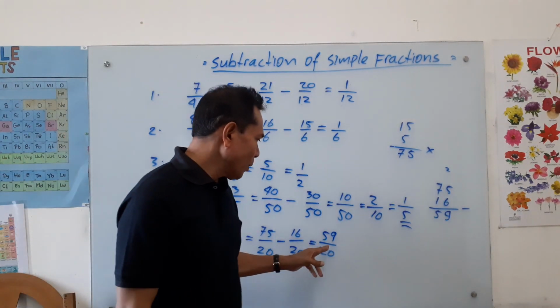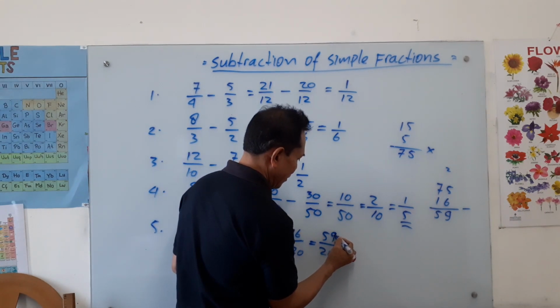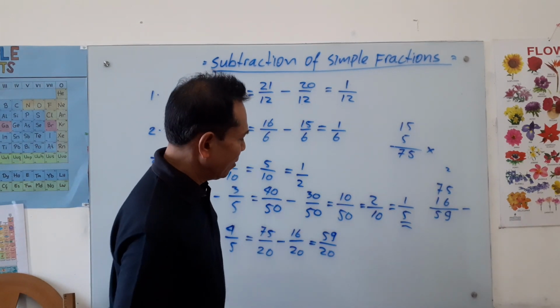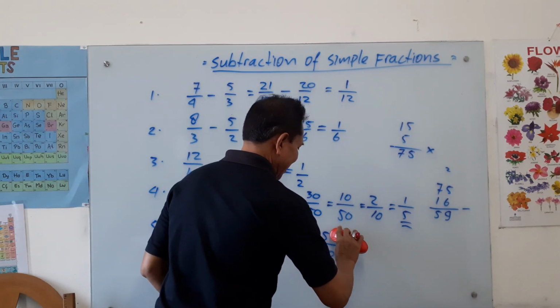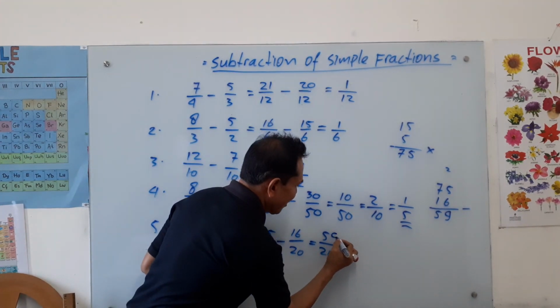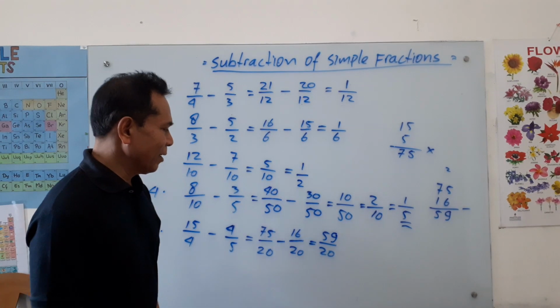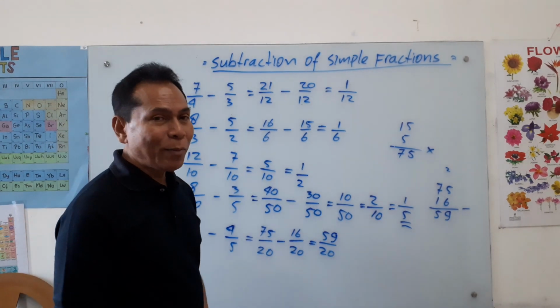Now, we can still simplify this. I want to write it properly so you can read it clear. That's better. 59 over 20. Now, we can simplify this.